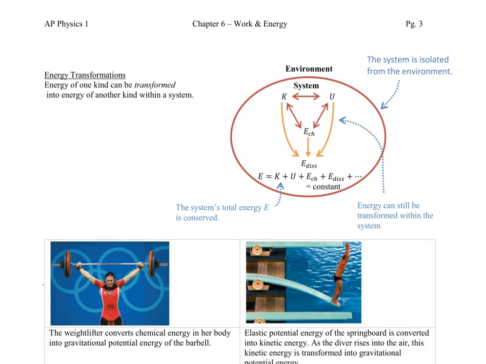Let's take, for example, a situation where you have two billiard balls, say billiard ball A, which is moving along here to the right, and then here you have billiard ball B, maybe it's just standing still. And then suddenly the two billiard balls A and B collide with each other.